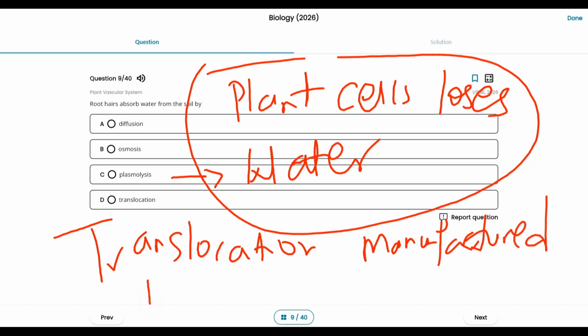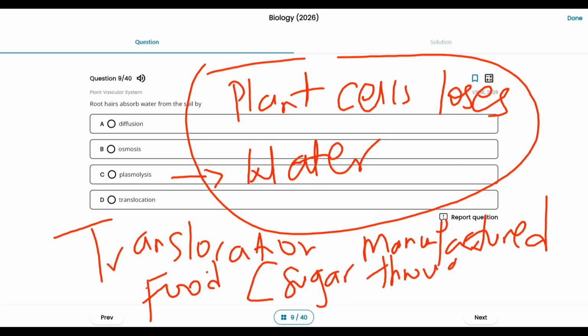The movement of manufactured food, particularly sugar, through the phloem from sources to sinks.